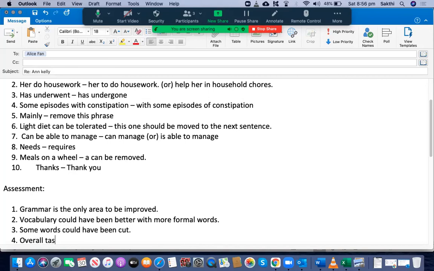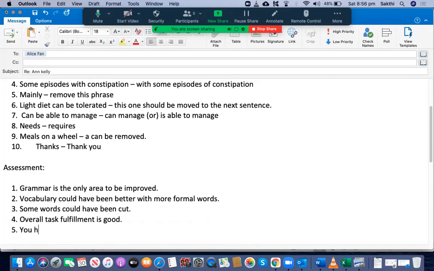Overall task fulfillment is good. I'm very happy with that. You have used a range of sentence structures. Well done, you did a good job.